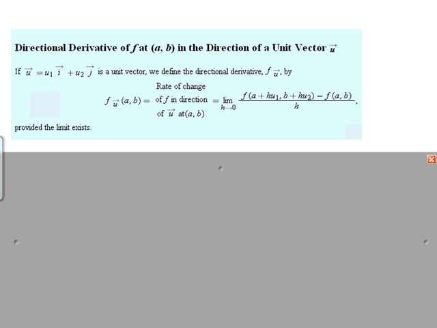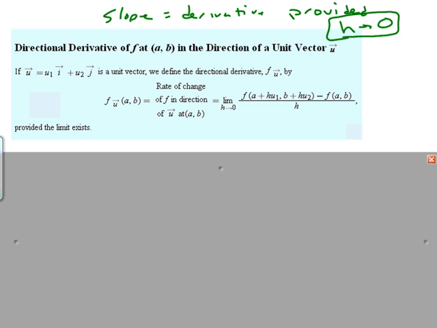Well, that should bring you to the idea of derivatives. Anytime you hear slope and derivatives, really the same idea, slope equals derivative, provided what's true? Well, provided that our movement, our h, is very close to 0.